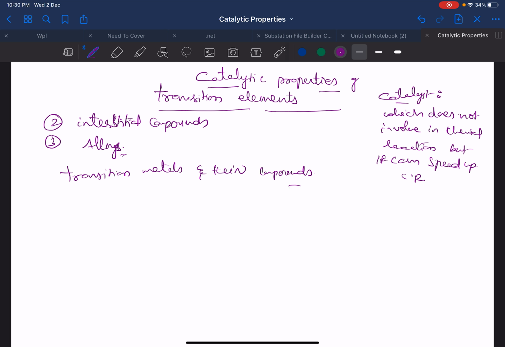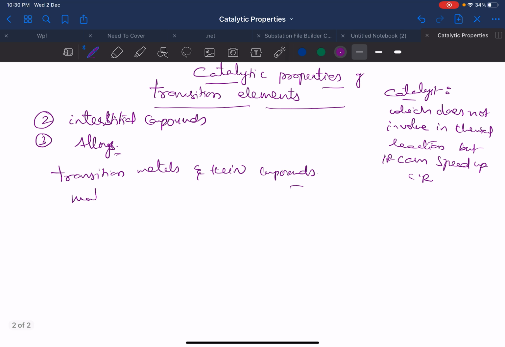The reason for this good catalytic property is that they exhibit multiple oxidation states. Due to these multiple oxidation states, they can easily act as catalysts.